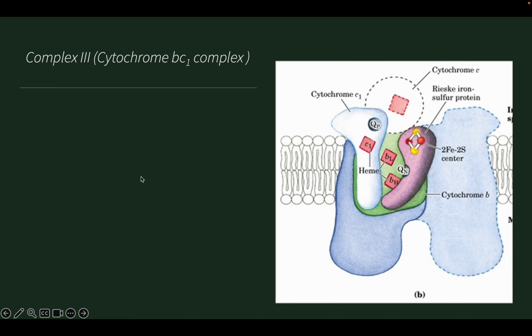So now is complex 3, which is a dimer of two identical proteins, and each contains 11 different subunits.